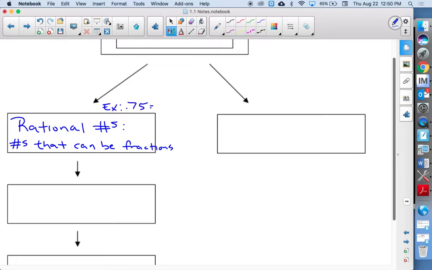What is 0.75 as a fraction? IJ, go ahead. 3/4. That is a good example of a rational number. Another rational number would be 0.3 repeating, which is 1/3.